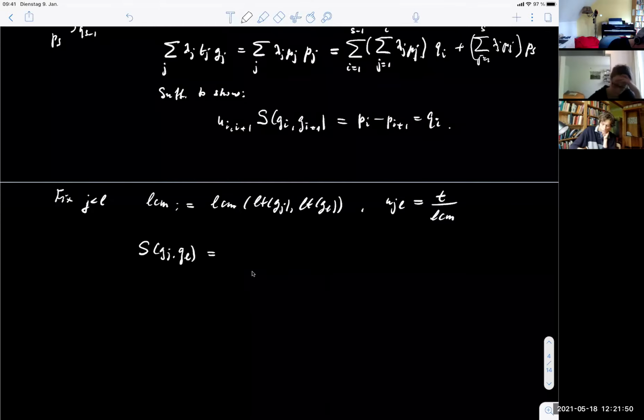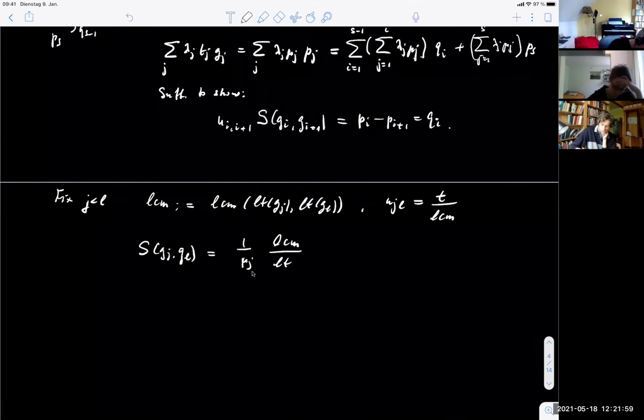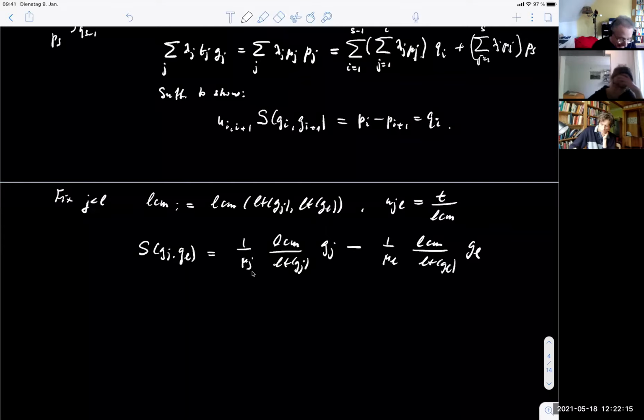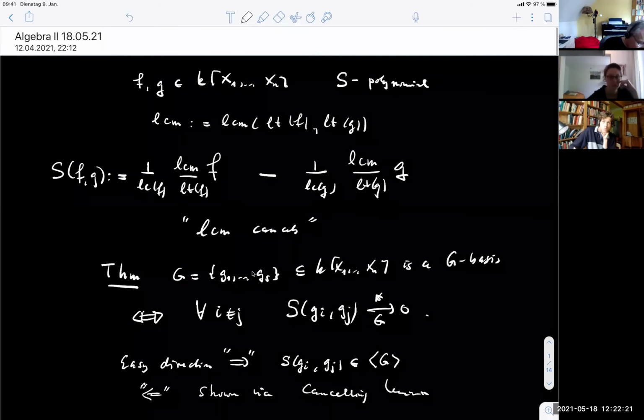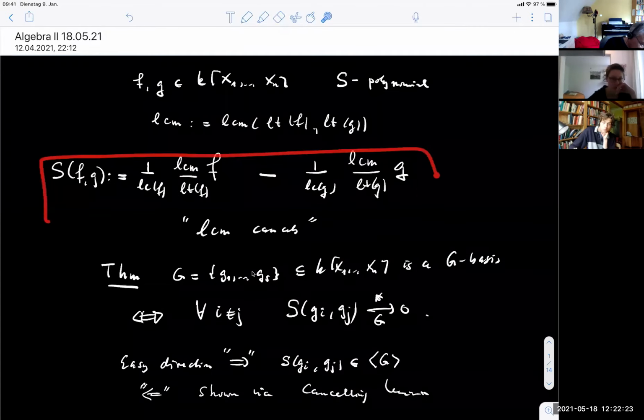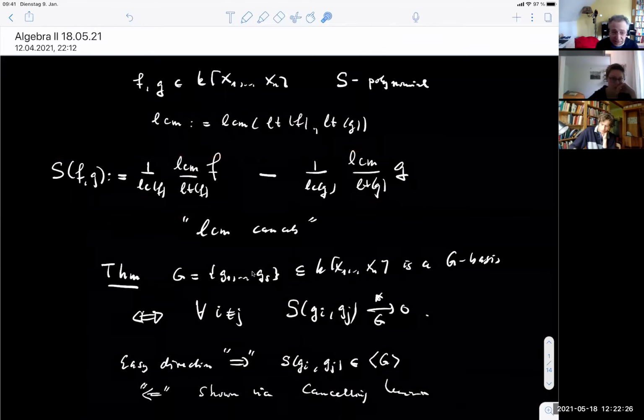But this is 1 over mu J, the LCM divided by the leading term of GJ, minus 1 over mu L, LCM divided by the leading term of GL. So what I wrote here is exactly the formula with which I started. Instead of F and G, I say GJ and GL. It's exactly that.